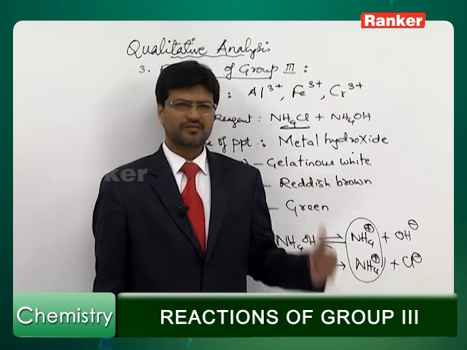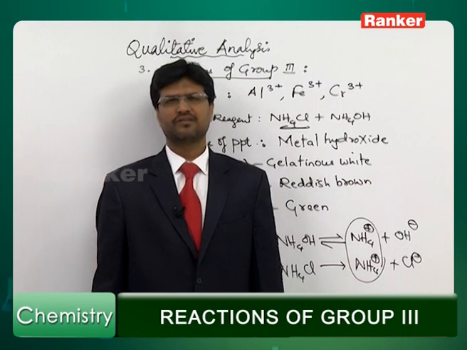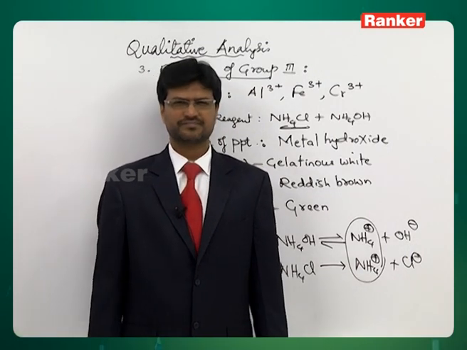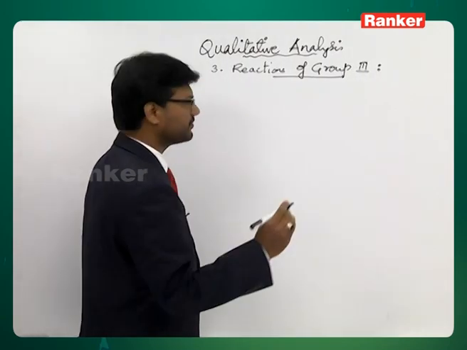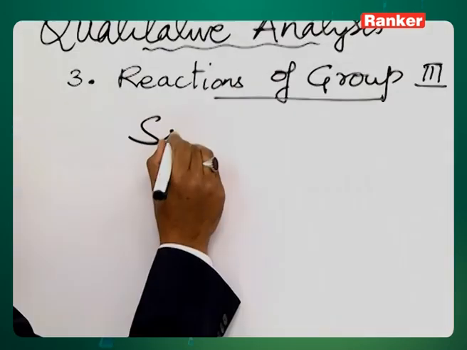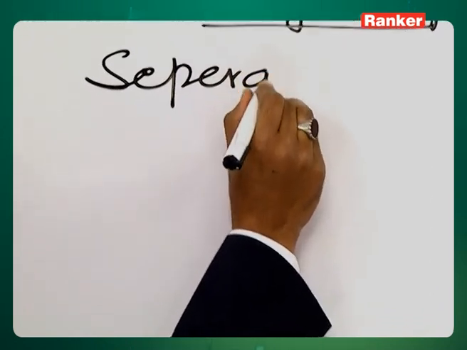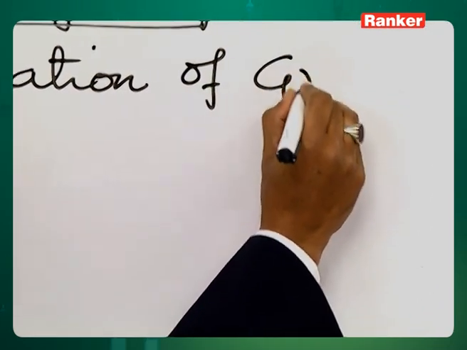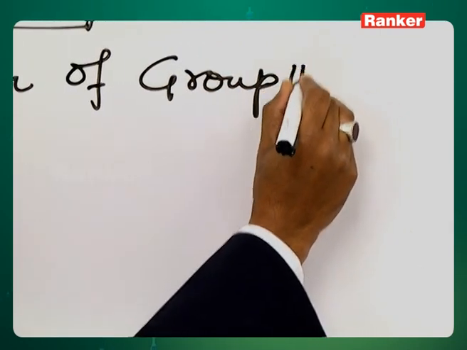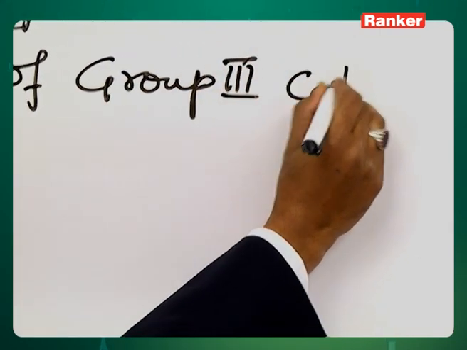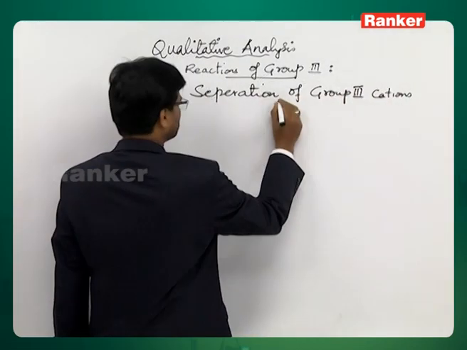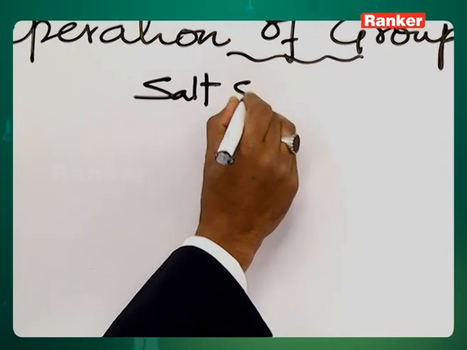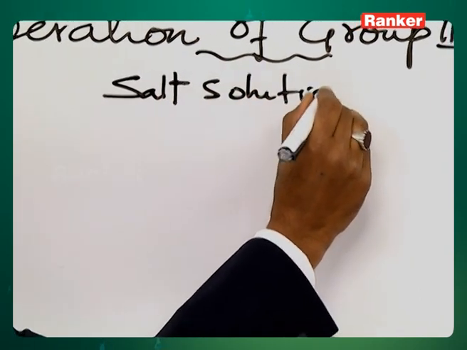Now, after this we will be talking about the separation of group 3 cations and then we will talk about reactions of each group 3 cation. Let us now look at separation of group 3 cations. You have salt solution.